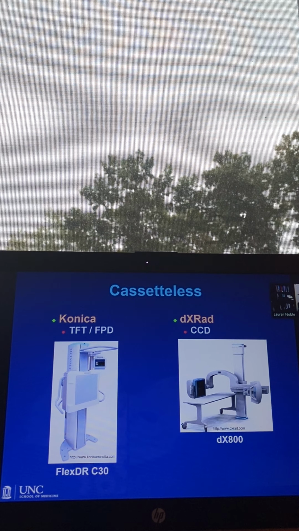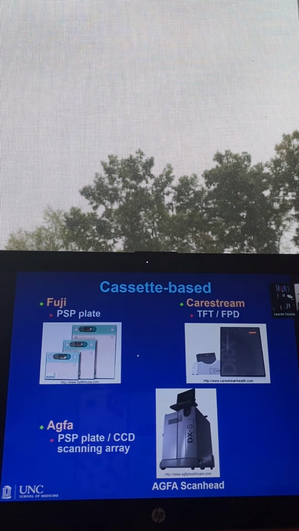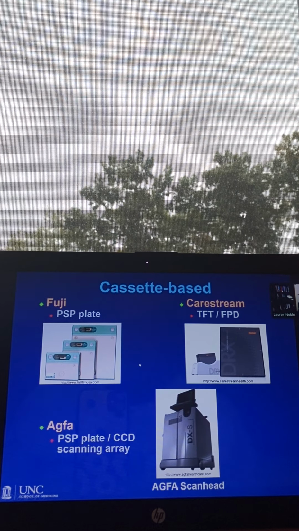The reason for that is because all you had to do to convert to digital was get rid of your screen film cassettes, get rid of your chemical processor, purchase these cassettes here with phosphor plates in them, because these were first on the market before this one over here.